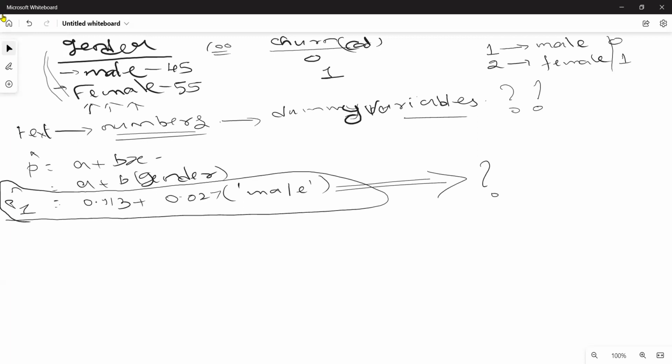If I do a multiplication, what will be the result?